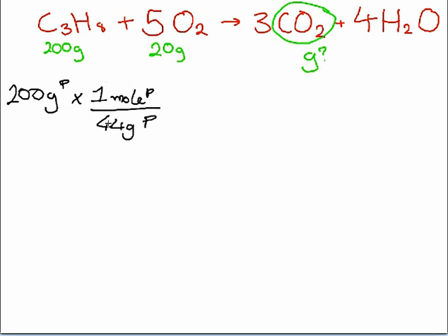Remember, you need to convert the grams to moles because the only connection we have is moles in this equation. Okay, and if you don't remember, please watch the previous video to clarify and for everything to make sense. Okay, and then you need to put the ratio of the two things that we're comparing. Okay, we're comparing this one and this one. You want to find out which one is the limiting reagent.